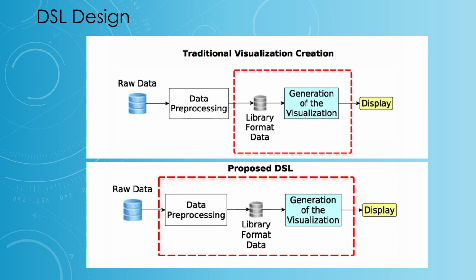In the proposed DSL, we consolidate all these processes. You just need to use the DSL syntax, give raw data, and use those modules to run and get the output. All the data pre-processing, libraries, and generating visual elements will be centralized.